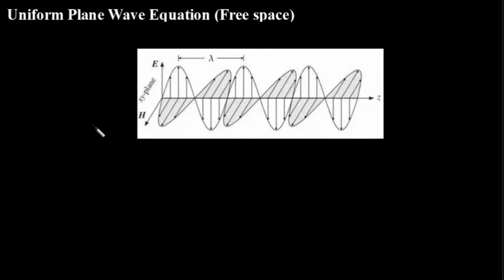To be more clear, the wave equation that we discussed in the previous video doesn't have any such condition. In the sense, the electric field can independently travel in the XY plane and the magnetic field can independently travel in some other plane. Even then, those equations which we have derived stand good.